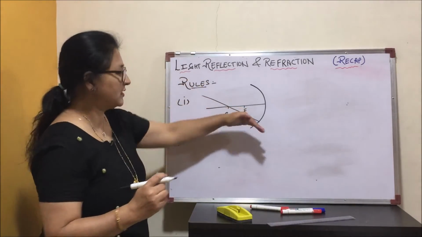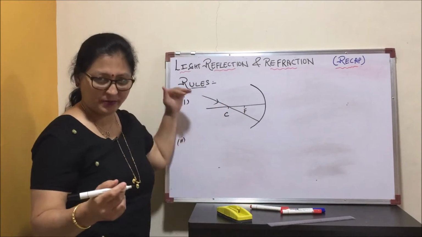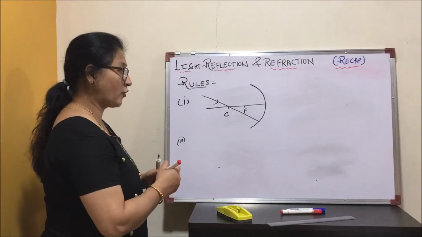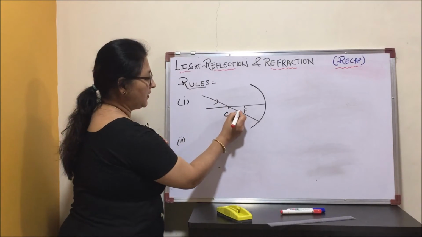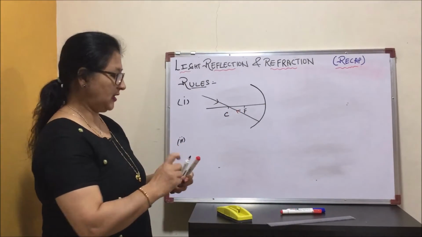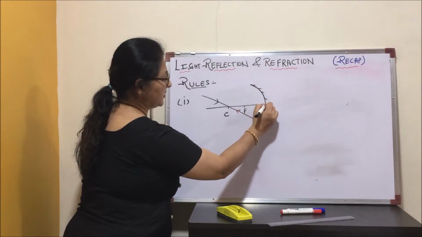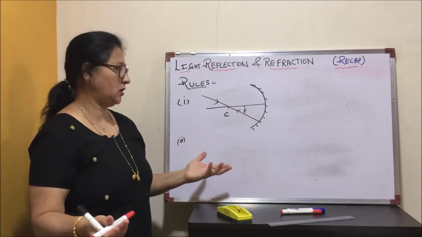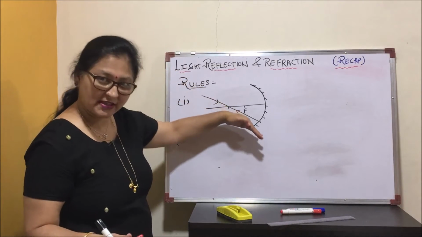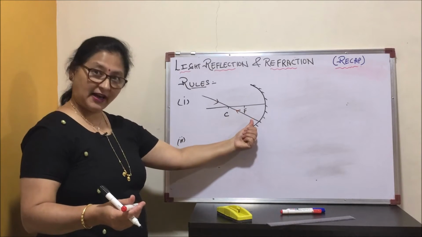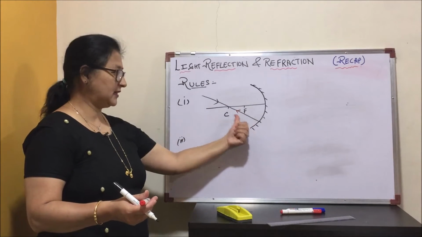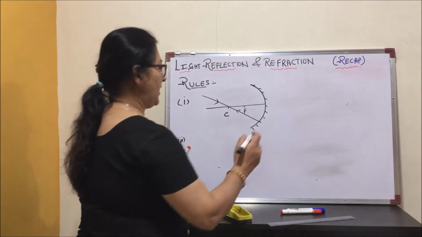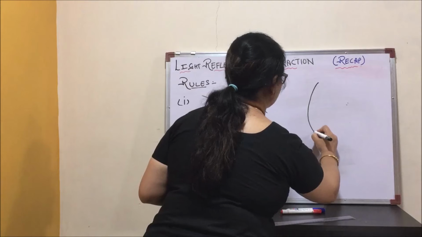If a ray is passing through the center of curvature, let's take it as an incident ray, after reflecting back from the mirror, it will take the same path. The concave part is the reflecting part, right? So if a ray passes through the center of curvature, after reflecting from the mirror, it will take the same path. Clear, children? And then we will do the same diagram with convex mirror.